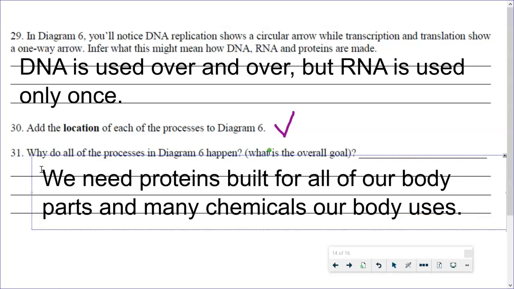Okay, so proteins are very, very important for everything that we do. Your body is always building more proteins because you always need more cells to repair things and to replace worn out cells. You need to fix injured body parts, but you also use up a lot of chemicals to digest your food, hormones that make your body change in different ways, and all of those are going to be proteins also.